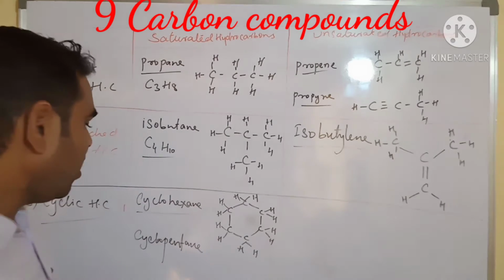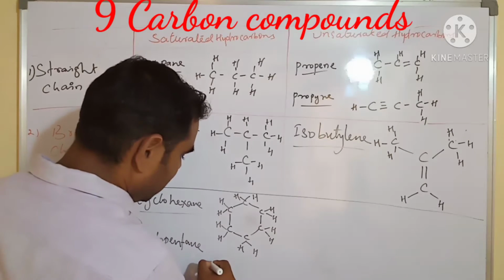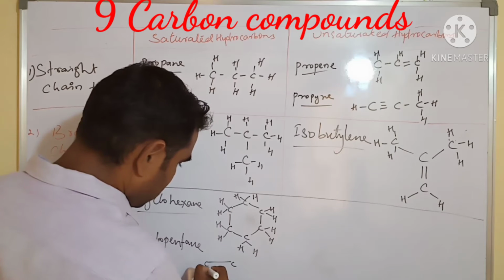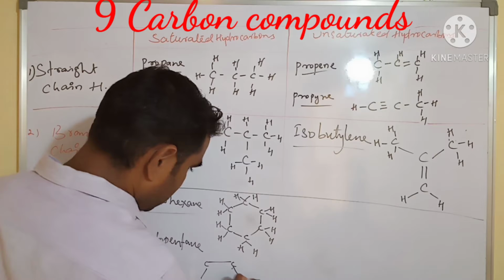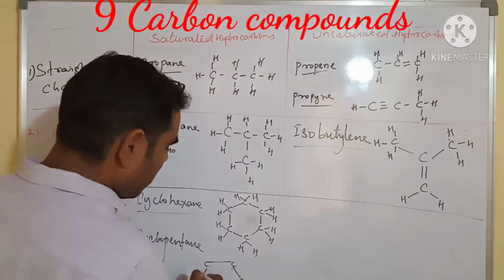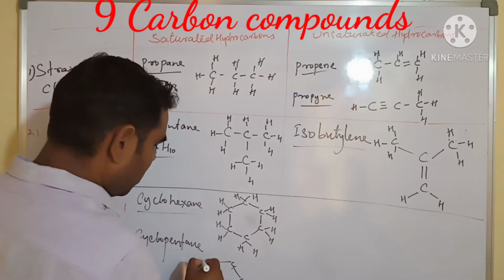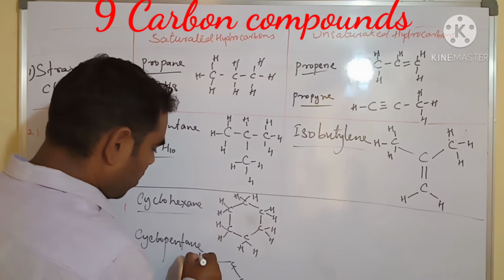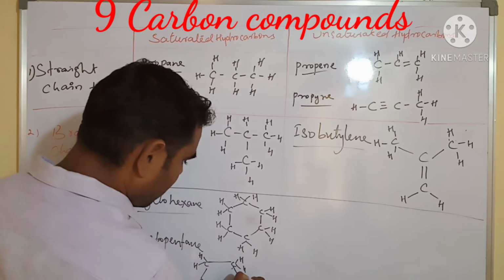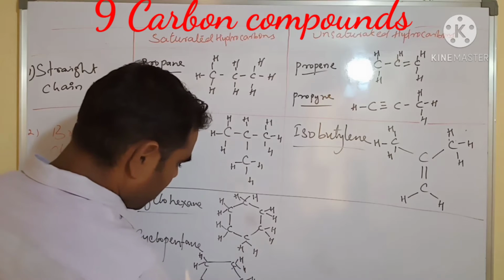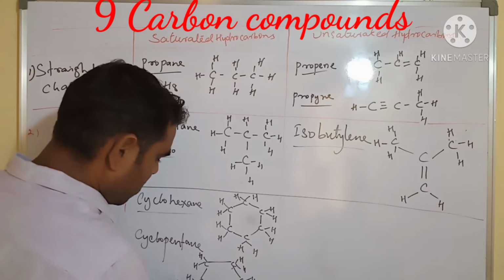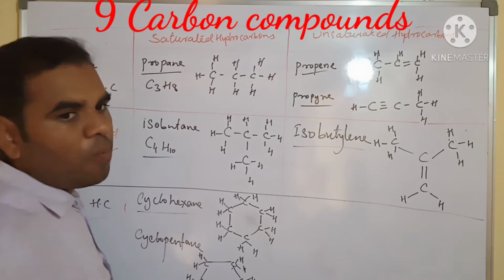Next, cyclopentane, the pentagon structure. Here also there are 2 hydrogens on each carbon. This one is cyclopentane.